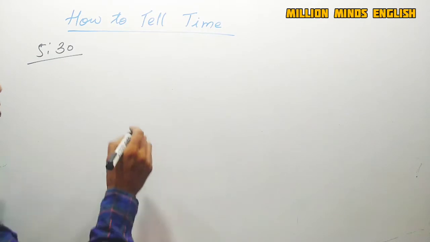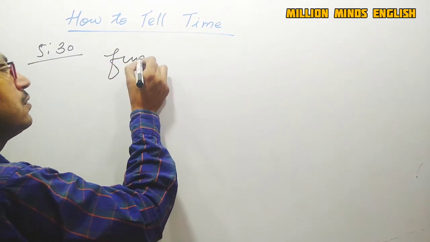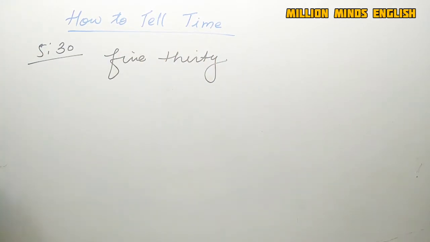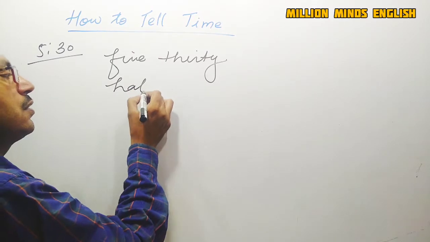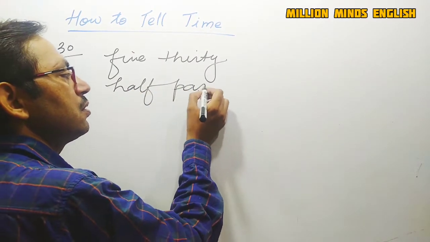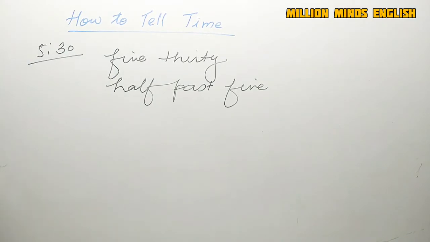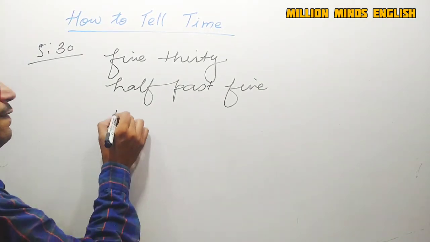Very first way to tell 5:30. It's 5:30, or you can say it's half past 5. And another way to say 30 past 5.